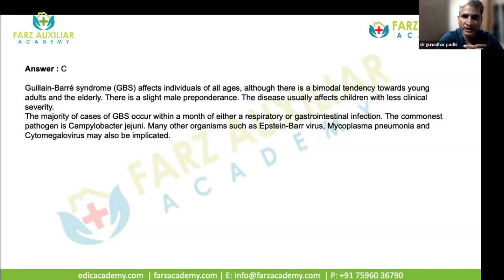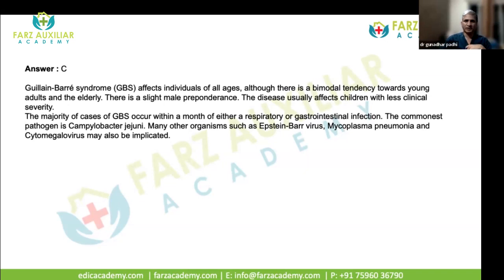Usually these patients have diarrhea followed by sudden ascending weakness of both lower limbs, and the commonest pathogen encountered is Campylobacter jejuni. There may be questions on the other organisms involved in Guillain-Barré syndrome, like Epstein-Barr virus, Mycoplasma pneumoniae, and cytomegalovirus, which may cause such illness.